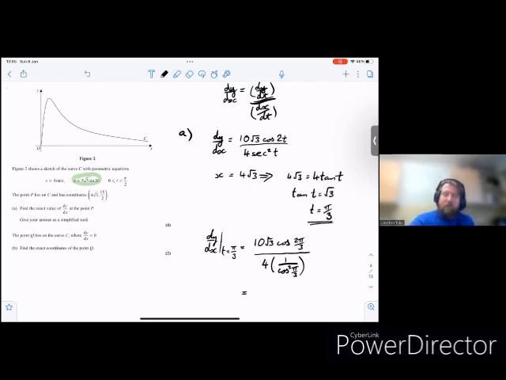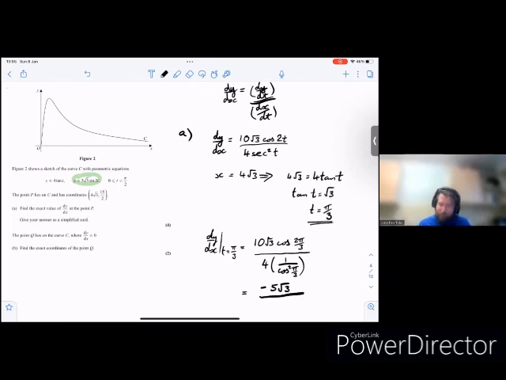And 2 pi over 3 is 120, so I'm just using the calculator on my phone here. So cos 120 is minus root 3 over 2. So that is minus 5 root 3.